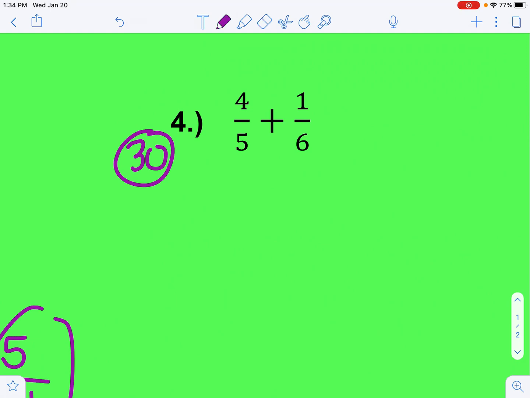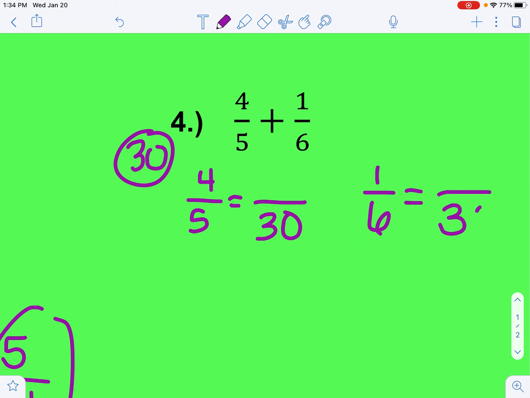So we need to change both of these fractions to have a denominator of 30. I like to set it up first so I remember what I need to do, and then find my equivalent fractions. Well, 5 times 6 gives us 30. We need to take 4 times 6, which is 24. In our second fraction, 6 times 5 gives us 30.